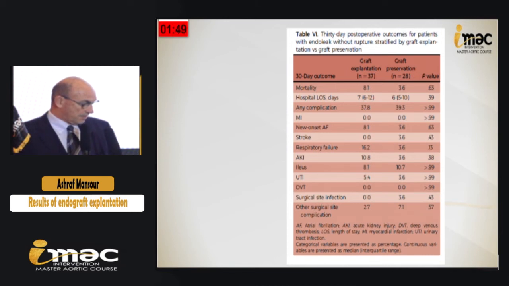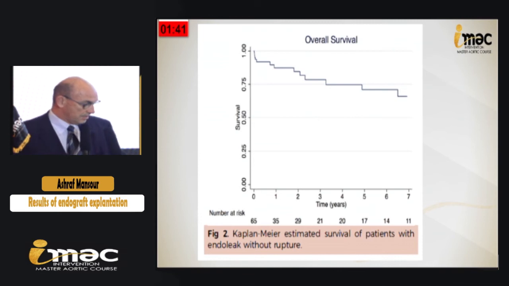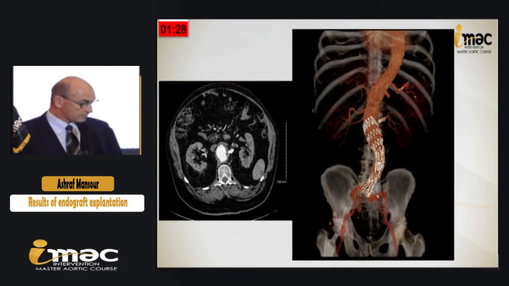You have incidence of other complications, including acute kidney injury and ileus in these patients because of the extent of the operation. And then finally, the overall survival is not the best. Over a period of about 7 years, roughly a third of the patients are dead.